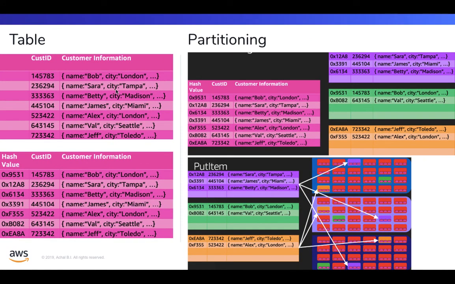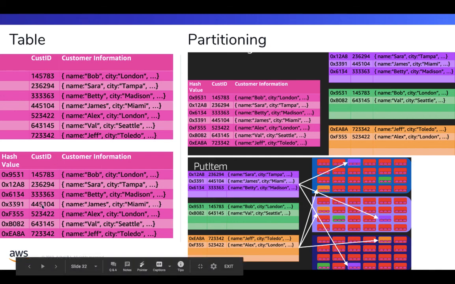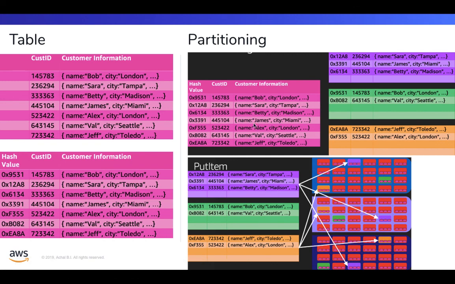So let's understand in a little more depth how the tables are structured and how the partitioning works. As and when you create a table, a hash value is generated and associated with each item, and based on the hash value, it is placed in different buckets. In this case, we are imagining three buckets, and these three buckets are distributed across different availability zones.